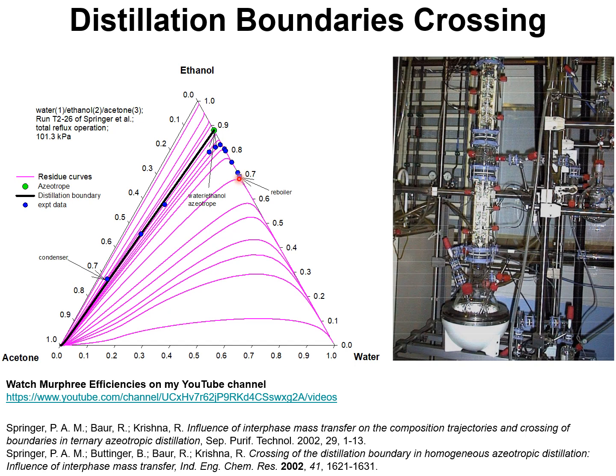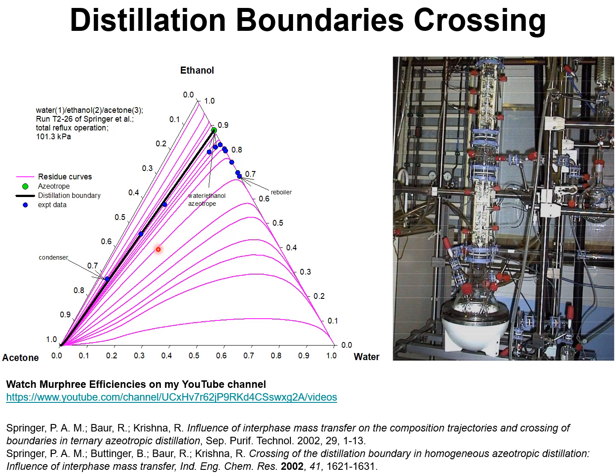Here we show the compositions of the 11 trays in blue, ranging from the reboiler to the condenser. If the trays were to operate under equilibrium conditions, the composition trajectories must follow the residue curve maps shown in pink, and no boundary crossing is allowed if the stages were to operate under thermodynamic equilibrium conditions.